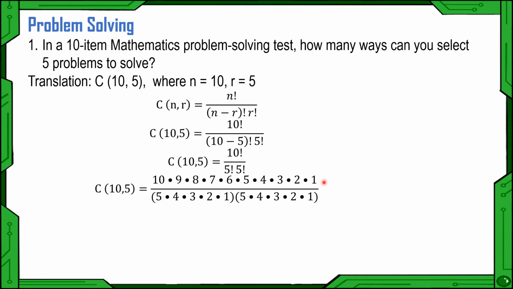That is for our numerator. For our denominator, we have 5 factorial, so this is 5 times 4 times 3 times 2 times 1 multiplied by 5 factorial, so this is 5 times 4 times 3 times 2 times 1.